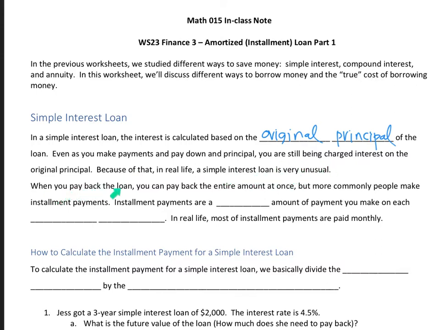When you pay back the loan, you can pay back the entire amount at once, right? But more commonly, people make installment payments. Installment payments are a fixed amount of payment you make each installment period.